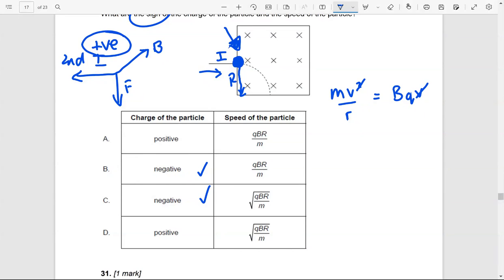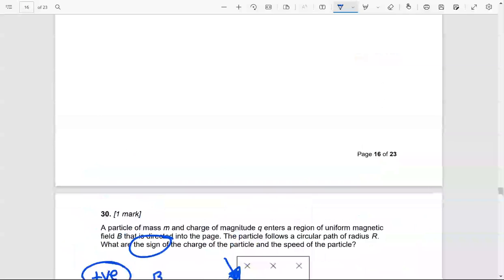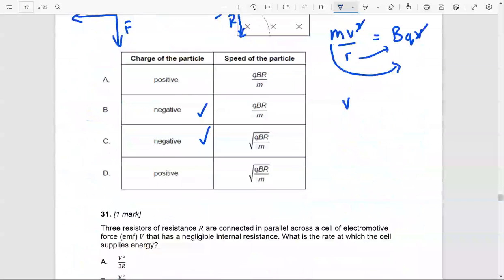So I'm going to bring up the r and take over divide by m. So I end up with v equals BQR over m. They've used a capital R, I've used a little r, but yeah. Okay, let me just correct that so that we're using the same notation. So it's B.